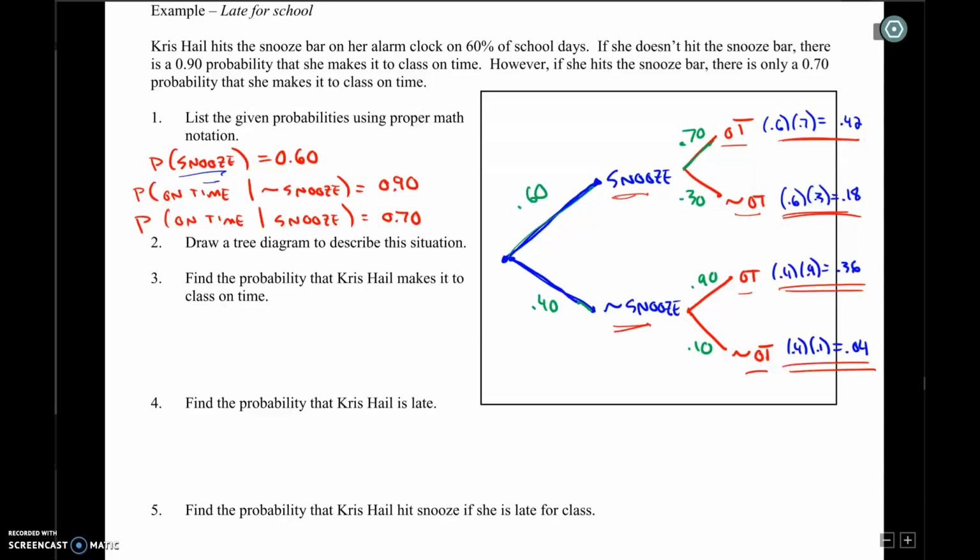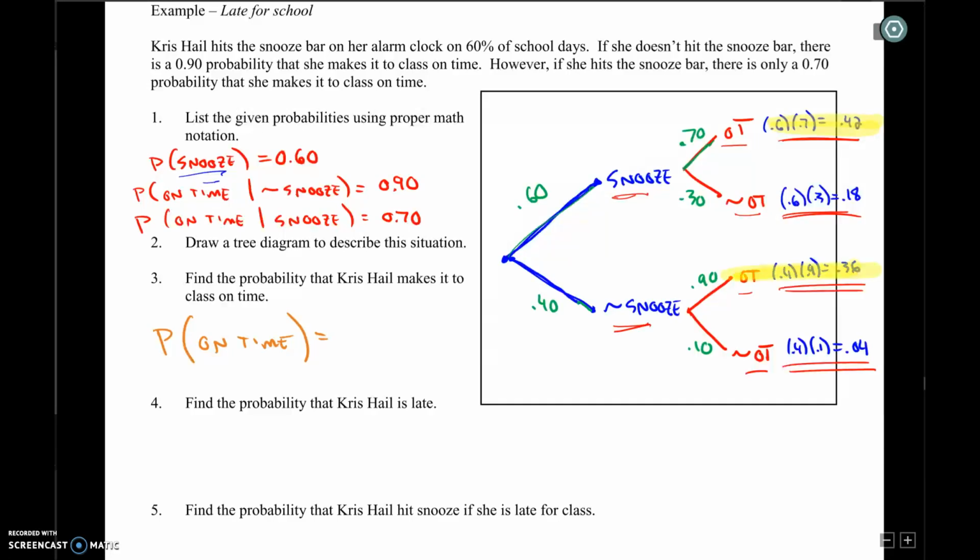All right. Find the probability that Chris Hill makes it to class on time. Notice this is not a conditional probability or an and. It's just what's the probability they make it on time. Well, there's two possibilities on how they can make it to school on time. She can hit the snooze and be on time, which is this, or she can not hit the snooze and be on time, as that.